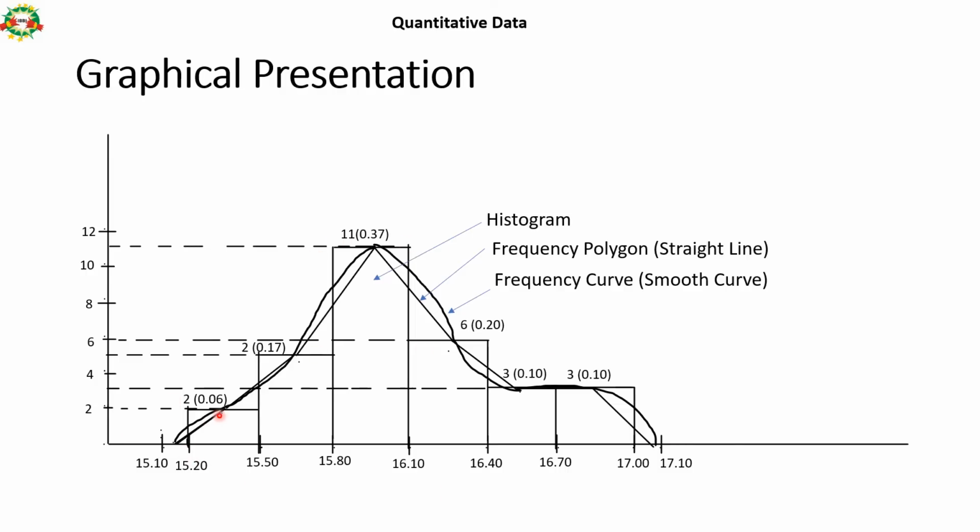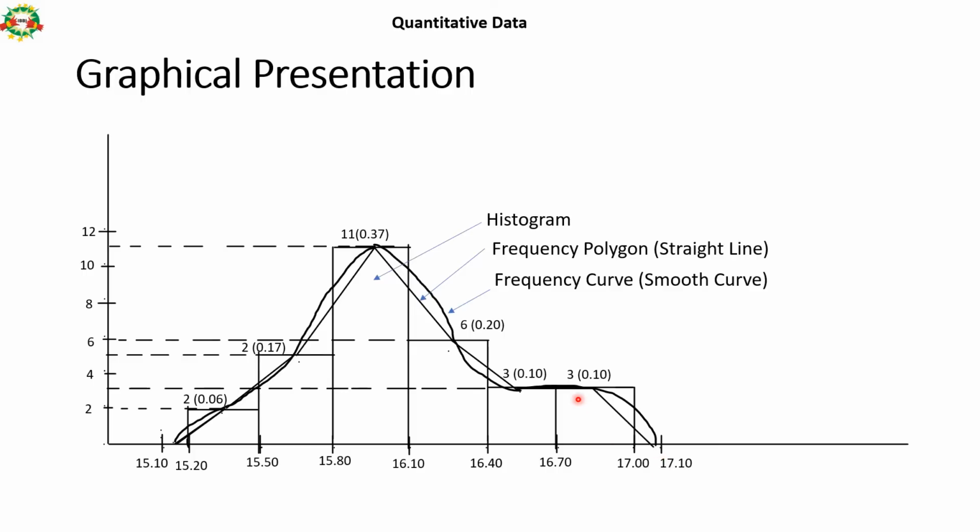If we connect the middle points of these 6 bars with straight lines, then it will give us a frequency polygon. So this is a straight line, 1 then 2 then 3 then 4 then 5 then 6 and then 7. If we connect these 7 lines, this combination is the frequency polygon.